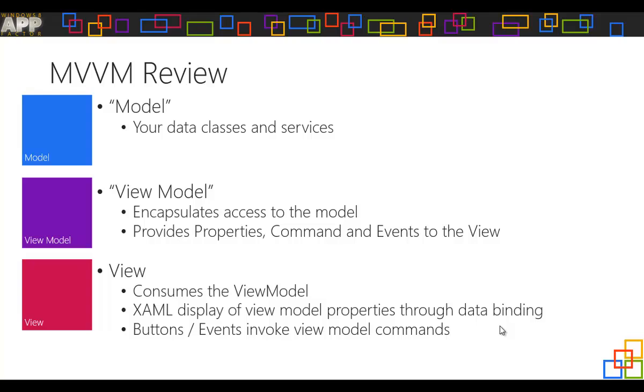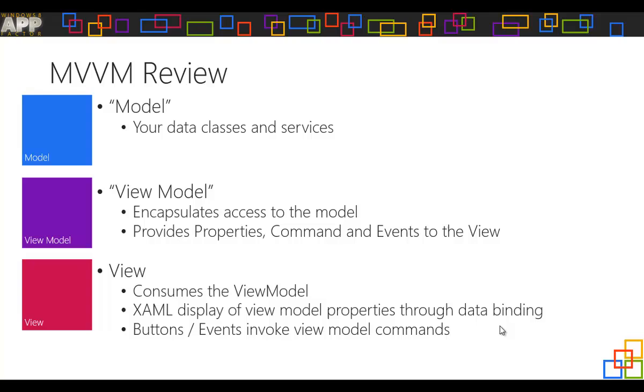Another key thing to think about as you're creating portable class libraries and portable projects is how we deal with the separation of the code that deals with our data and the code that deals with display. And MVVM is a common pattern in XAML and C# applications for doing just that, for separating the concerns of how do we deal with data versus how do we deal with display of data.